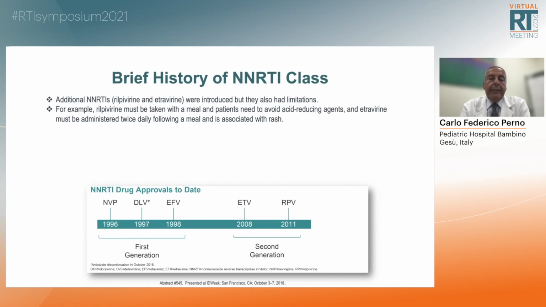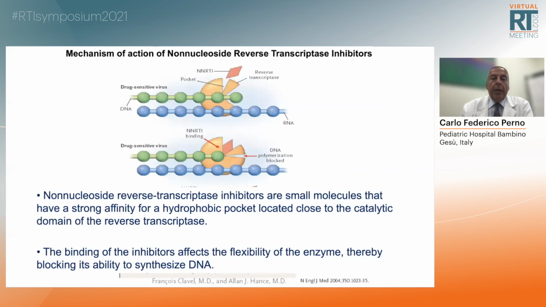We can say, however, that the original NNRTI were very similar drugs, nevirapine, delavirdine, and efavirenz, and relatively similar were etravirine and rilpivirine, the second generation of this class, that act with the same mechanism against the reverse transcriptase, by blocking not the active site, but the flexibility of the enzyme, which at that point is no longer able to accept the new nucleoside coming from within the cytoplasm of the cells.